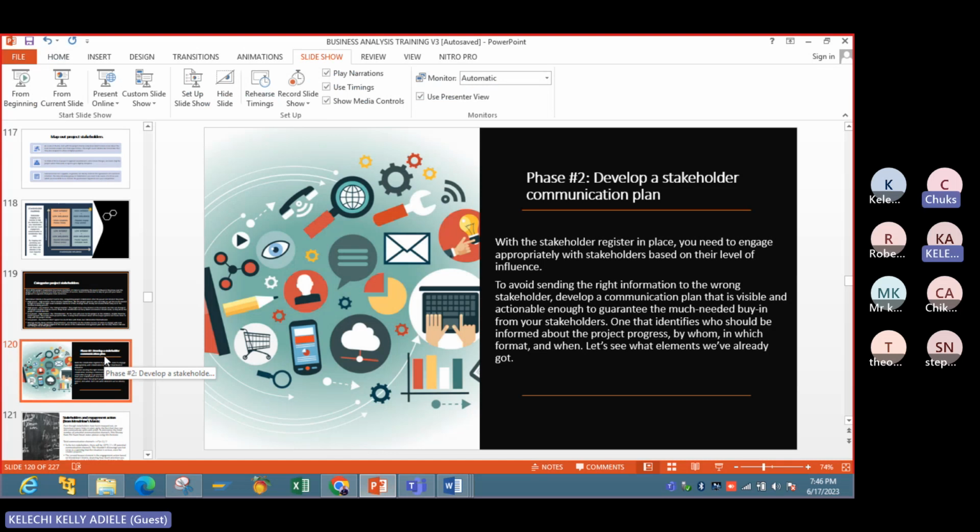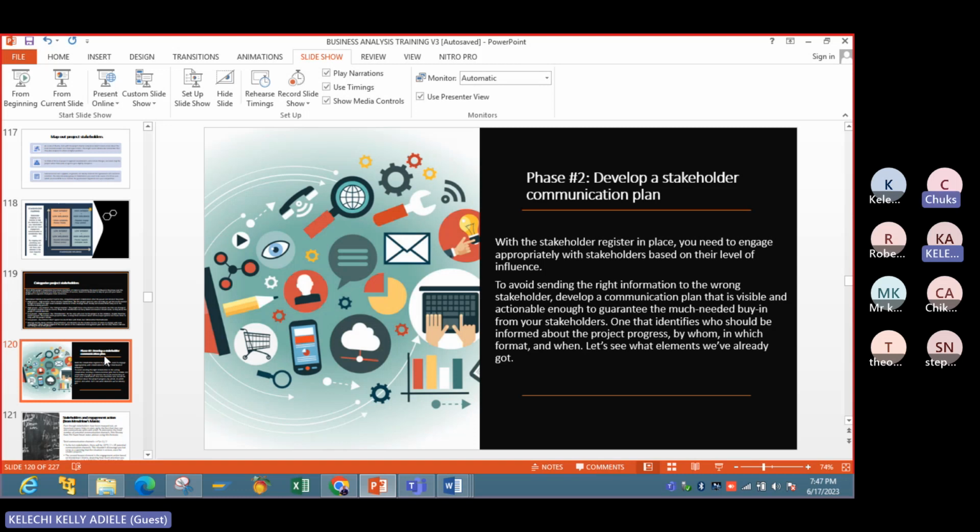With the stakeholder register in place, you need to engage appropriate stakeholders based on their level of influence. It's very important you take note of that, to avoid sending the right information to the wrong stakeholder. You will appreciate this register on projects with up to 500, 400, 300 stakeholders.